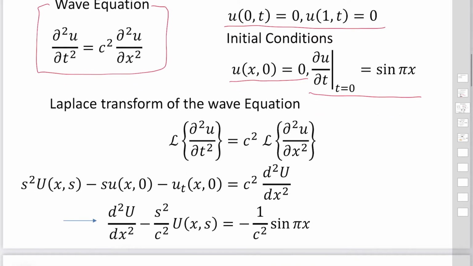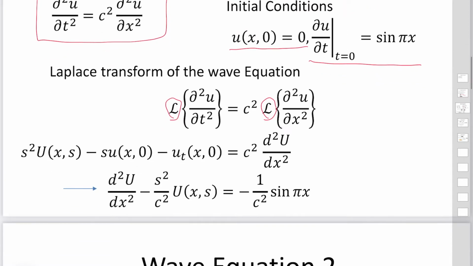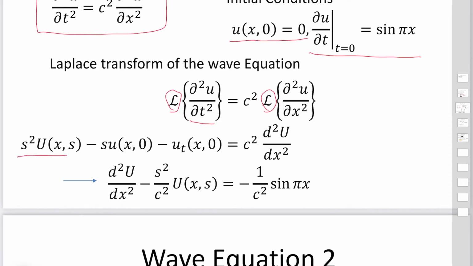At first, we take the Laplace transform of the wave equation. So on both sides of the equation, we apply the Laplace transform. c squared is a constant value, so we can move it outside of the Laplace transform. The second derivative of u with respect to t is expressed like this. For the second and third terms, the initial conditions are included.